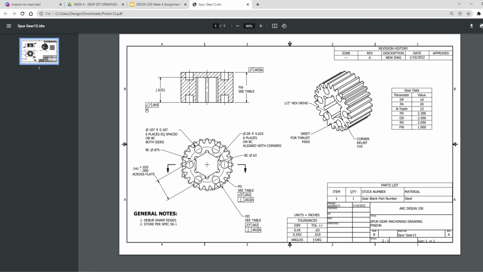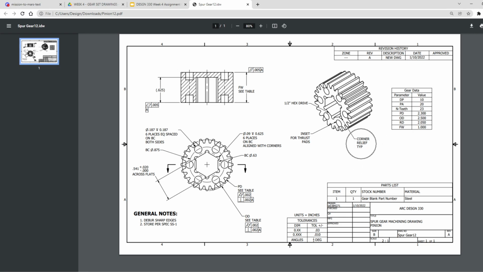In general, there will be a front view, a section view that will detail what the shaft hole looks like and any other things that aren't just the gear teeth. There's often an isometric view, not always, but sometimes. In this case, it's giving some information about what these holes are for and what these little things are.